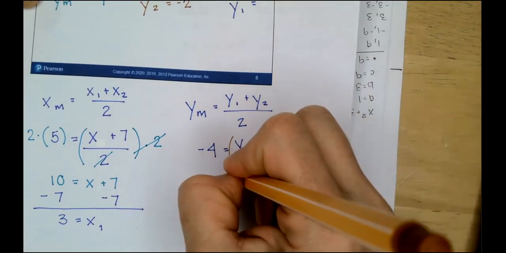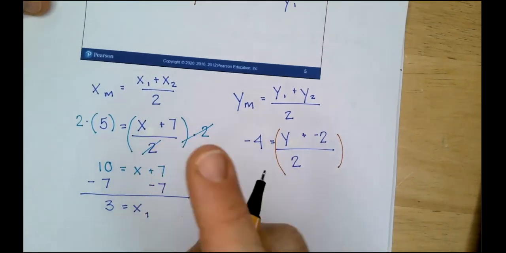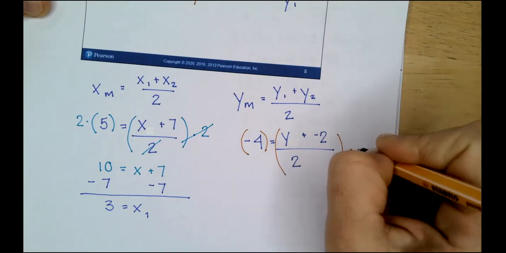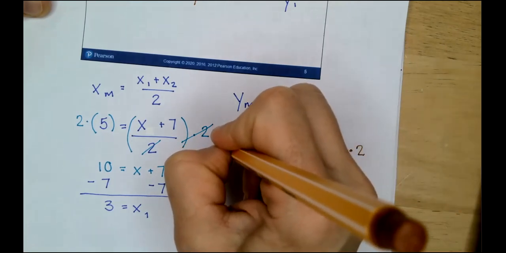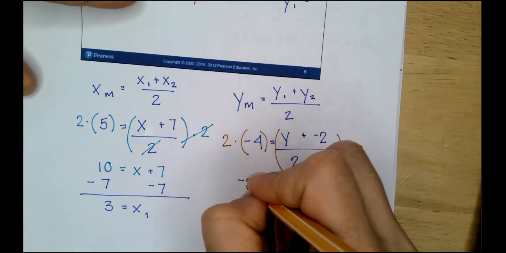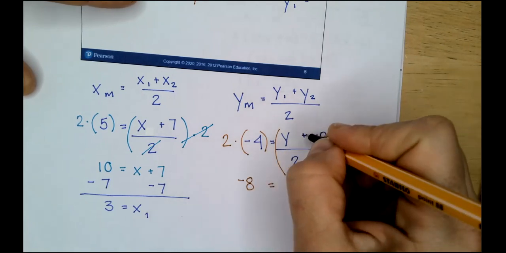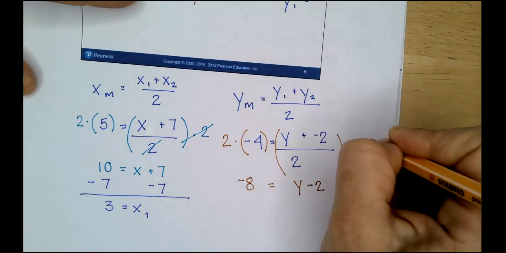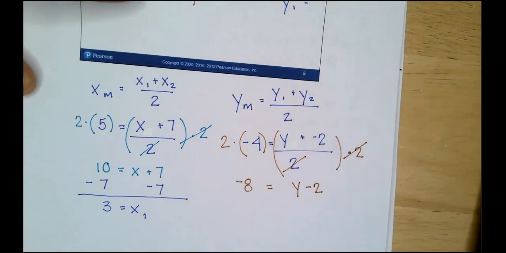That being said, we're just going to take the same step we did with the x values because it's a pretty similar equation. I want to get rid of the divided by 2. I'm going to multiply by 2. -4 times 2 is a -8. Y plus -2, I'm just going to call y minus 2. Those cancel.